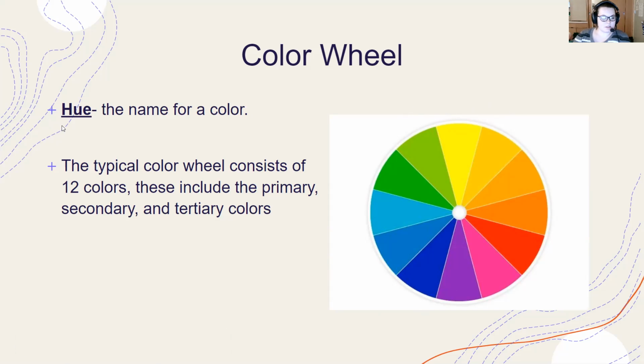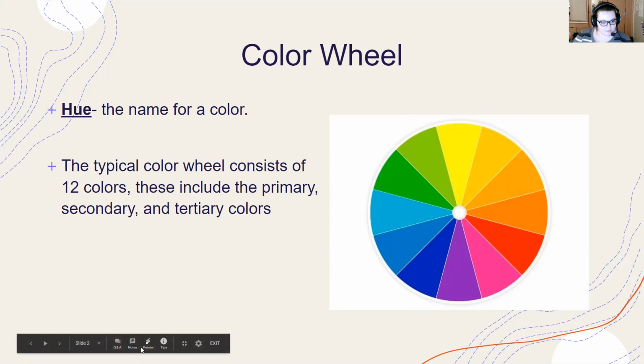So first, I'm going to give you this definition of what a hue is. A hue is just another name for a color. All right, so now we're going to look at this color wheel right here.